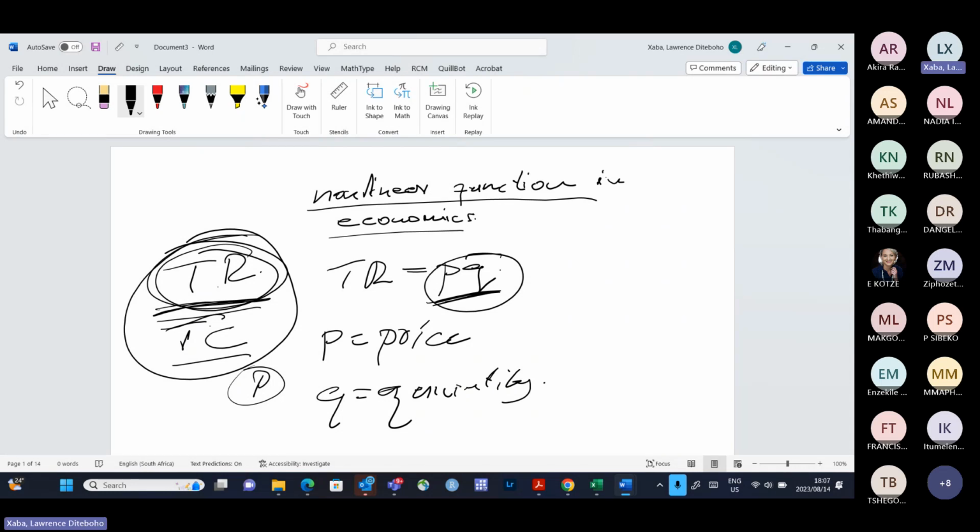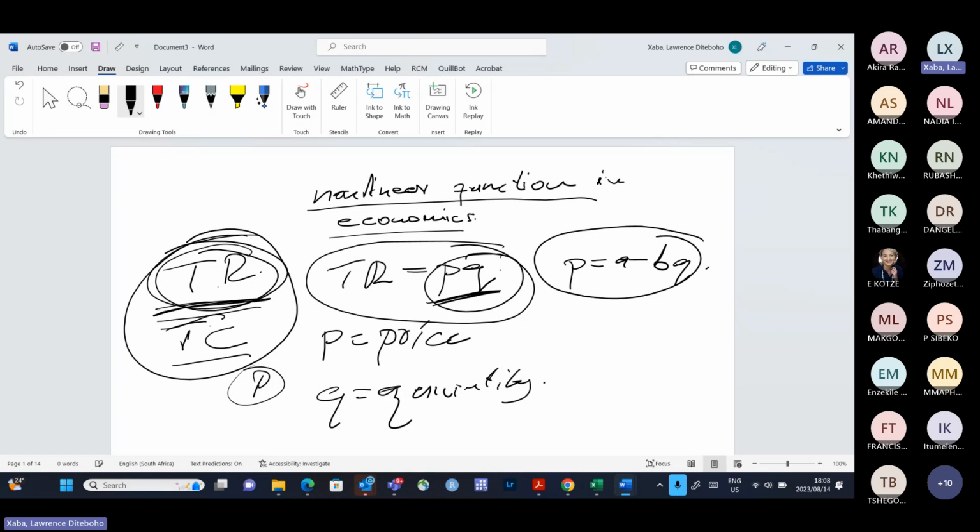So our total revenue is equal to PQ, whereby, if you remember from the demand function, our P is equal to A minus BQ. This is our demand function from the previous unit.